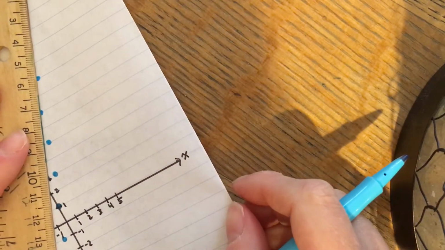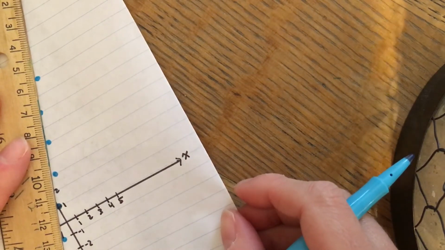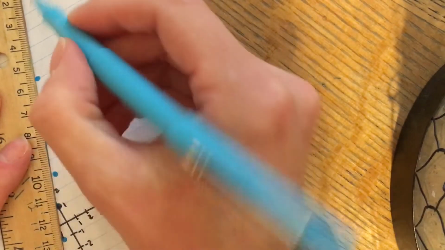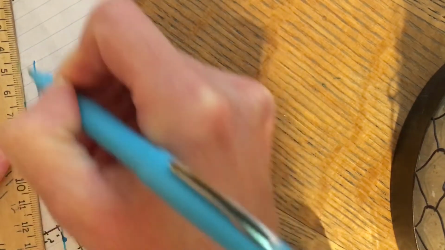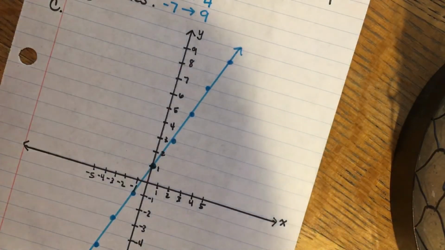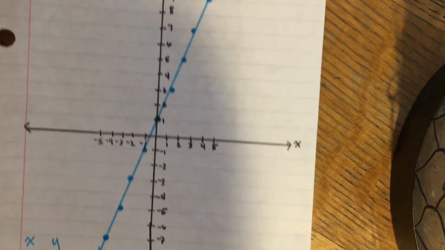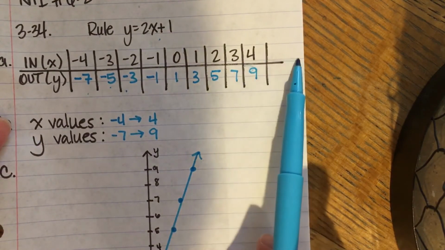Now, this will let me know that my points weren't very straight. Just because the values in my table have stopped doesn't mean that the function, we call this a function, has not stopped, okay? So just because it stopped here in my table at 4, this can continue on.